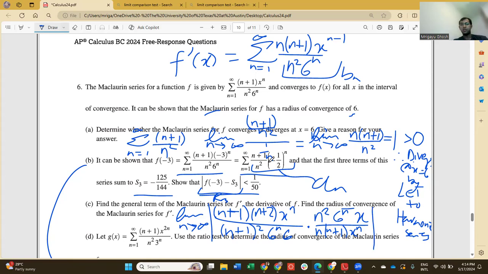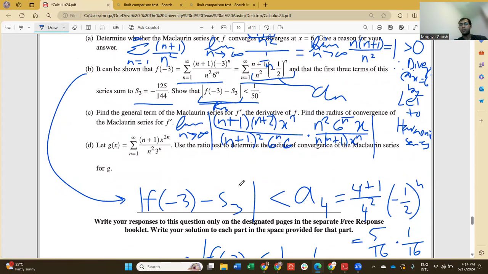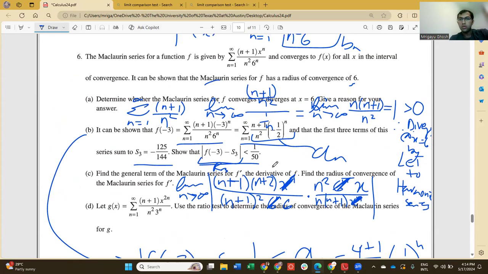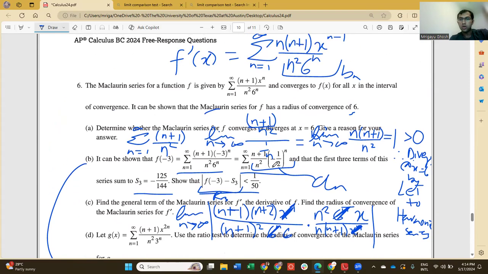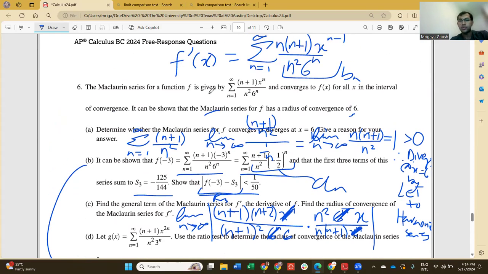So now it's just a bunch of, I apologize, I realize how messy this is getting. Hopefully you're able to follow. The 6 to the n's are going to cancel. X to the n is going to cancel. Let's see. What else happens? Oh, wait, did I use the wrong function? I think I used the right function.